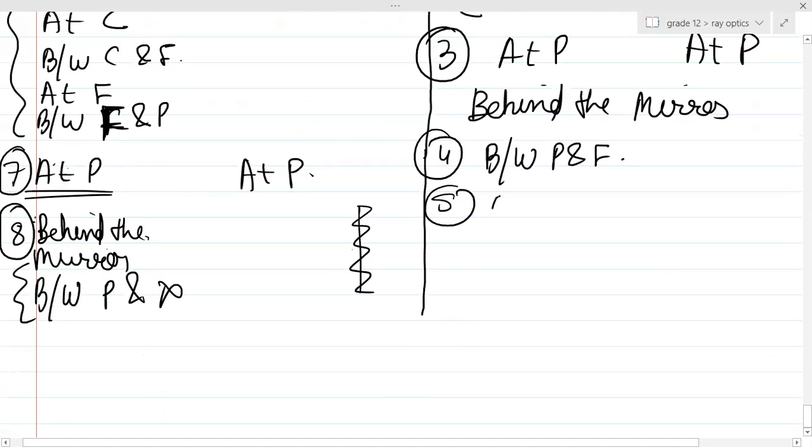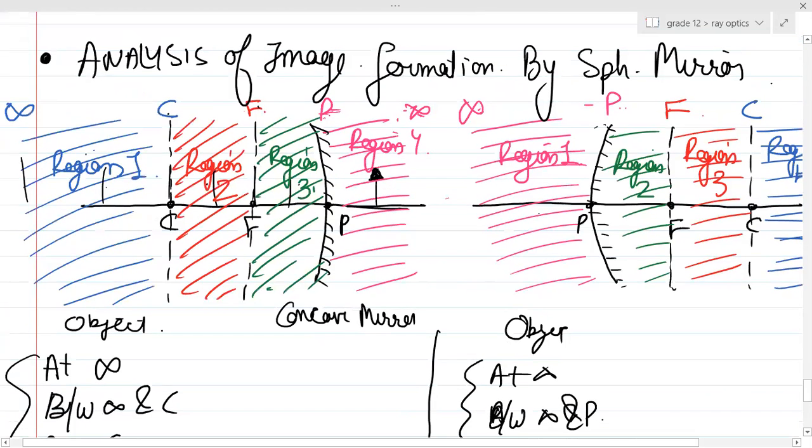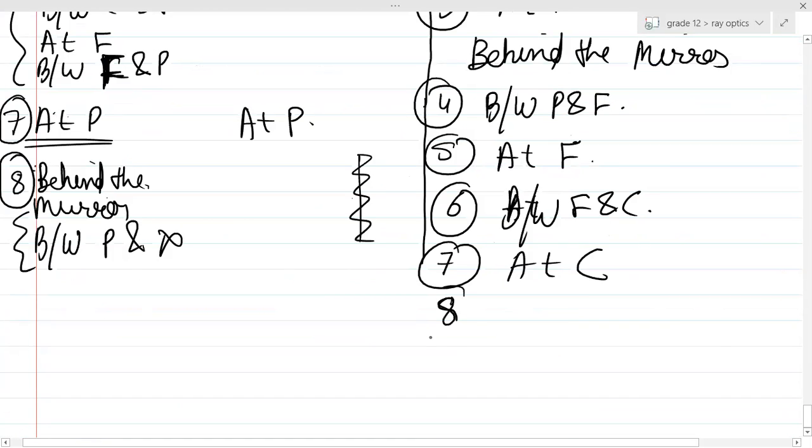Then the object is at F. Then the sixth case is when the object is between F and C. Then the seventh case is when the object is at C. Did I miscalculate something? 1, 2, 3. Yes, the last case will not be there. Okay. The eighth case is basically beyond C, right? At infinity, so we have already done.